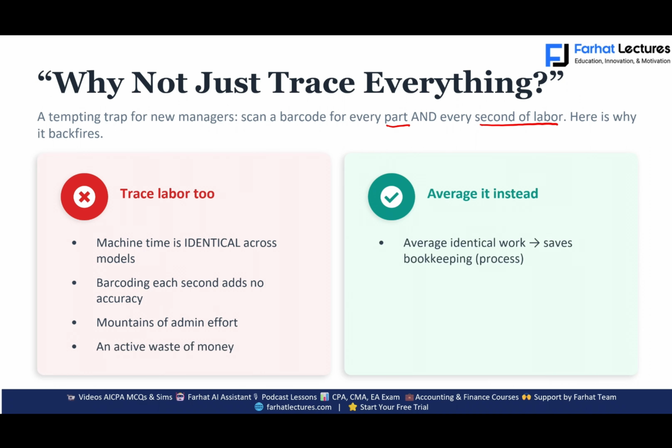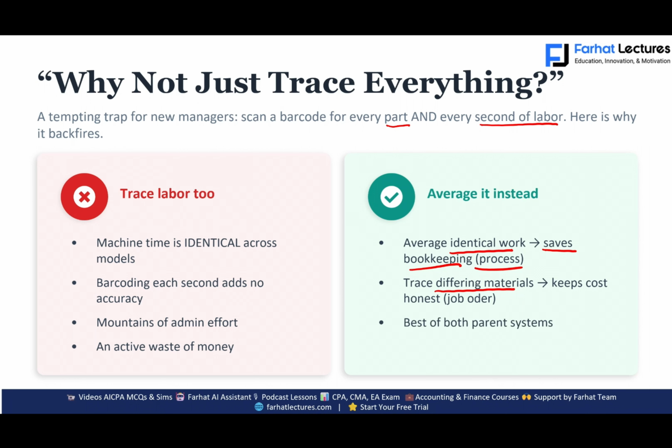So what you do is you average identical work. That saves bookkeeping. When it's identical work, we use process costing, and we trace different material when the material differs, and this keeps cost honest, which is the job order. So it's the best of both worlds, the best of both parent systems, and this is the elegant compromise.